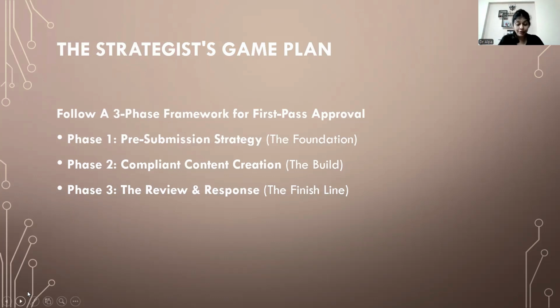And then, the content phase: ensure that while you are drafting the content, you are sticking tightly to the compliance guidelines. If you make these two phases as error-free as possible, the third phase, the finish line, would certainly be far easier for you.